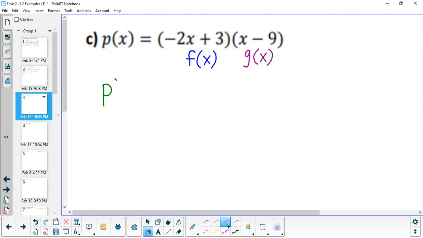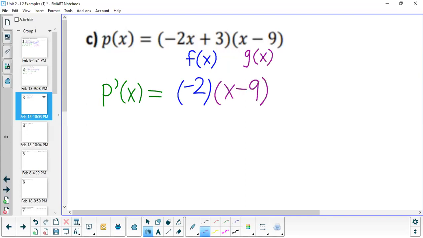P of x, so this is p prime of x, is equal to, now I'm going to take the derivative of the first function, negative 2, times the original second function, x minus 9, plus, because this is a sum, the derivative of the second function, positive 1, times the original second function.